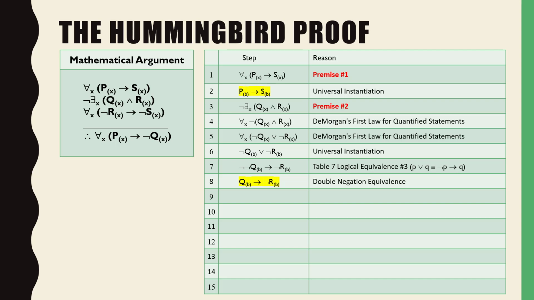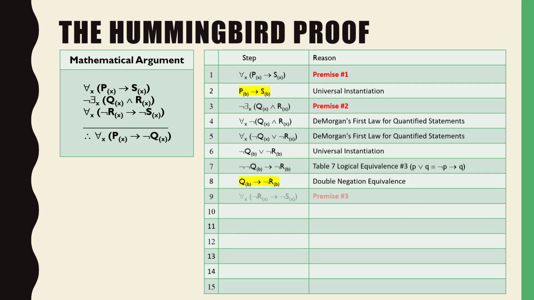What I was trying to do when I wrote this proof, I knew that I needed a P of X ultimately, and I knew I needed a Q involved in the final solution. So I'm manipulating things to where I can get an isolated Q and an isolated P, and I'm already starting to get there. I got a P here, I got a Q here. They're not quite where I need them mathematically, but they're there. So I'm going to stop reducing at this point, and let's move on to premise number 3. Follow? Okay.